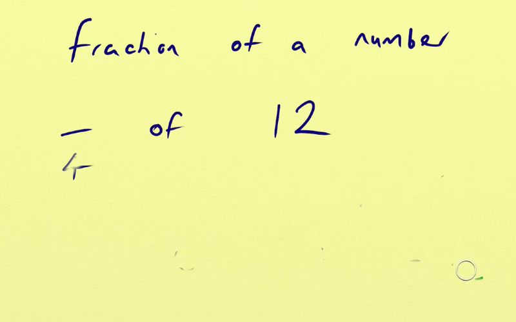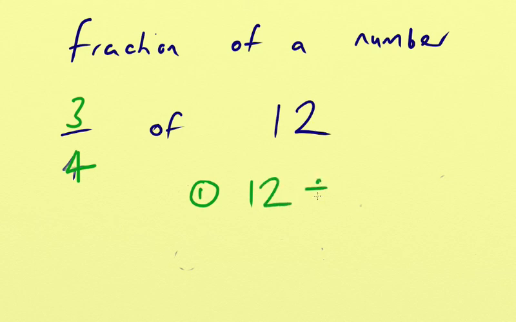If you remember back, the bottom number tells us how many we need to split up this number into. So the first step remains the same. We're going to do 12 and divide it by this bottom number just here. It's 12 divided by 4. We did that on the last example, so that gives us 3. We know that one.